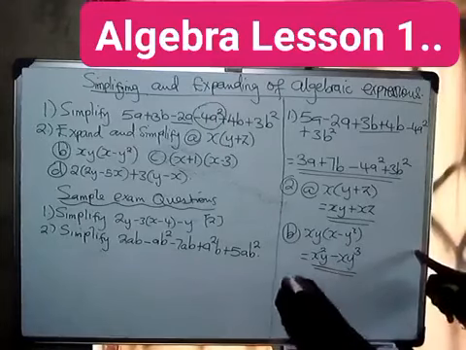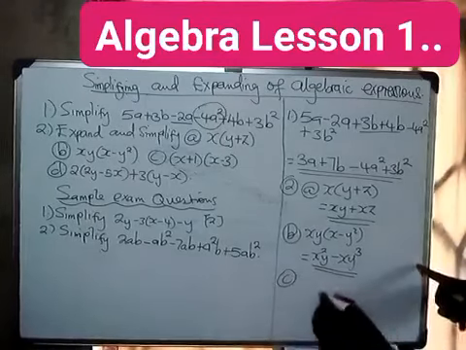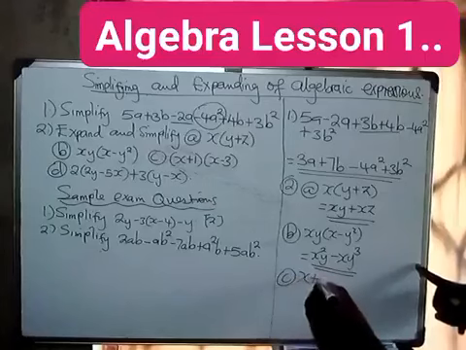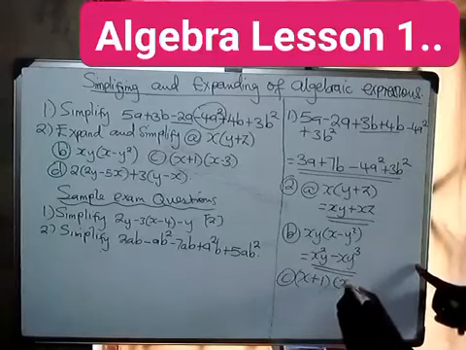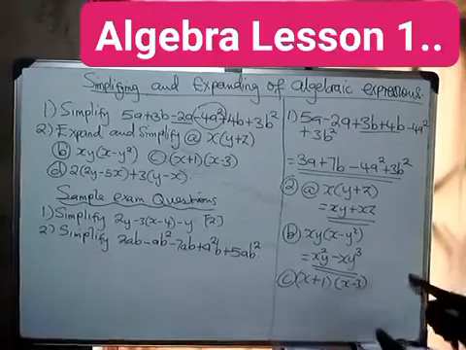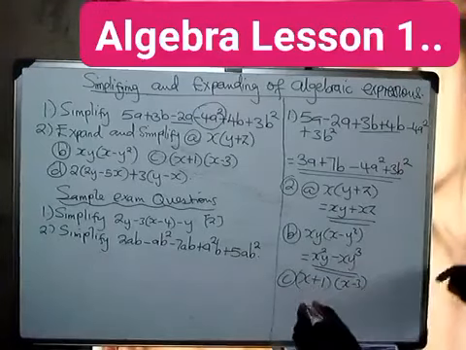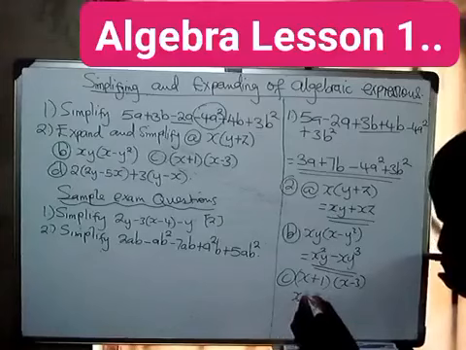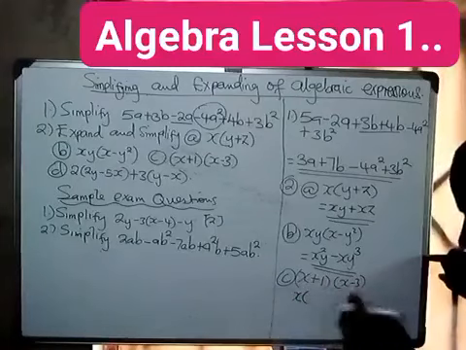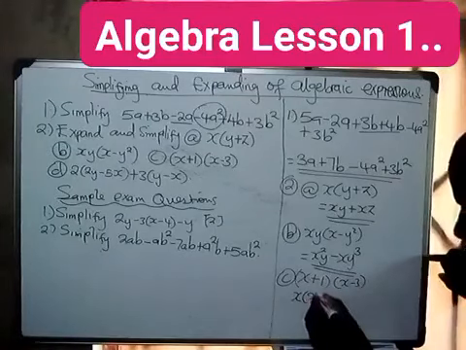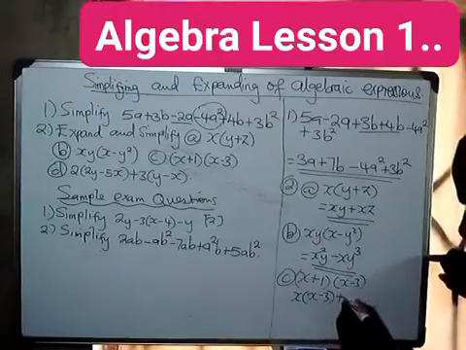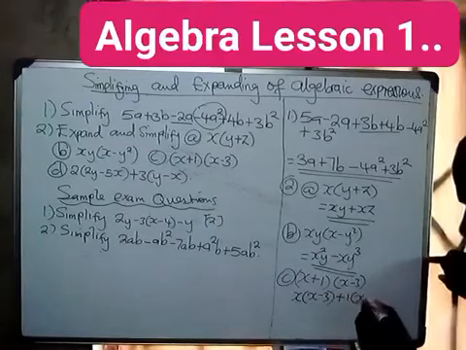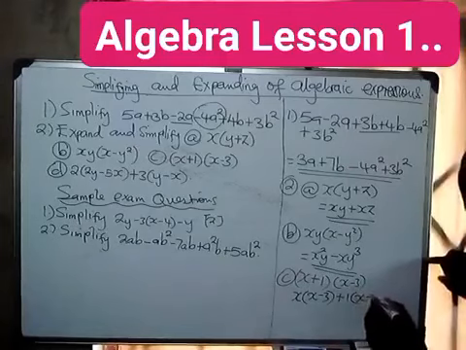Then now we go to number c. Number c is x plus 1 times x minus 3. So this one, you multiply this x times everything here, meaning x minus 3, then plus 1 times the same thing here.